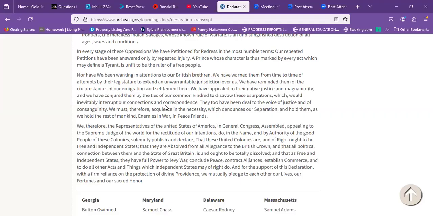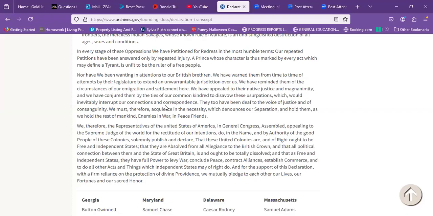And if we were going to talk about the ethos, the credibility behind the Declaration of Independence, it's in this last line. That firm reliance on the protection of divine providence, that's an appeal to God. This is still a period of history in which most people are religious, and the overwhelming majority of people that Jefferson particularly needs to convince with the Declaration of Independence are not only religious but identify as Christians.